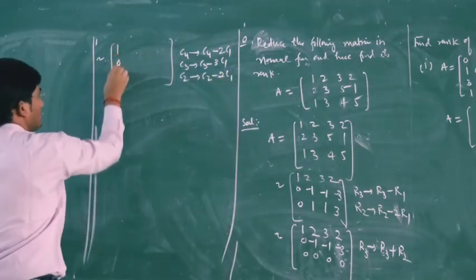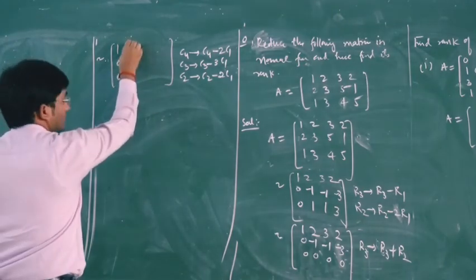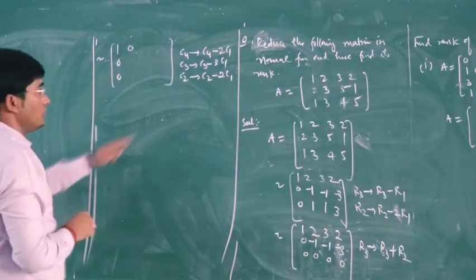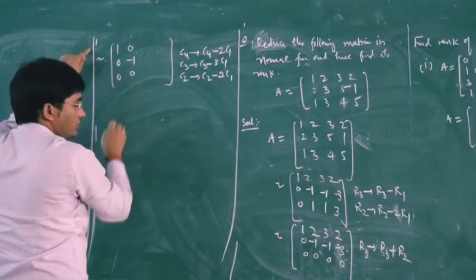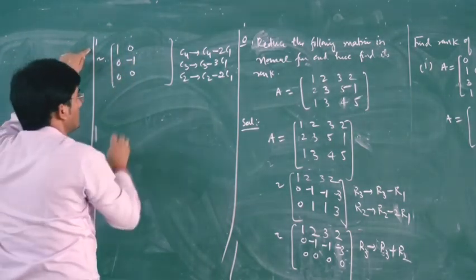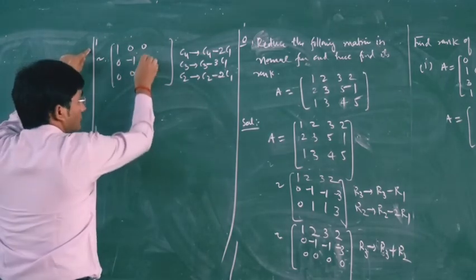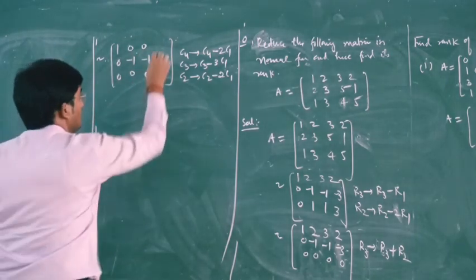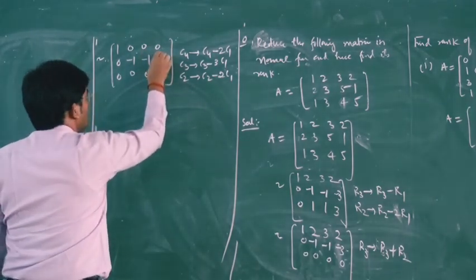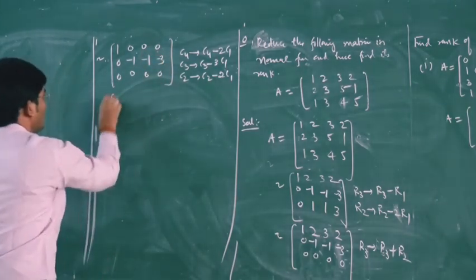So we have 1 0 0, then this will be a 0. C2 minus 2 times C1 will be 0. Then we will have minus 1 0. Then C3 minus 3 times C1. So this is again 0. Then we will have minus 1 0. Then C4 minus 2 times C1. So then this is 0 0. Then minus 3 and 0.